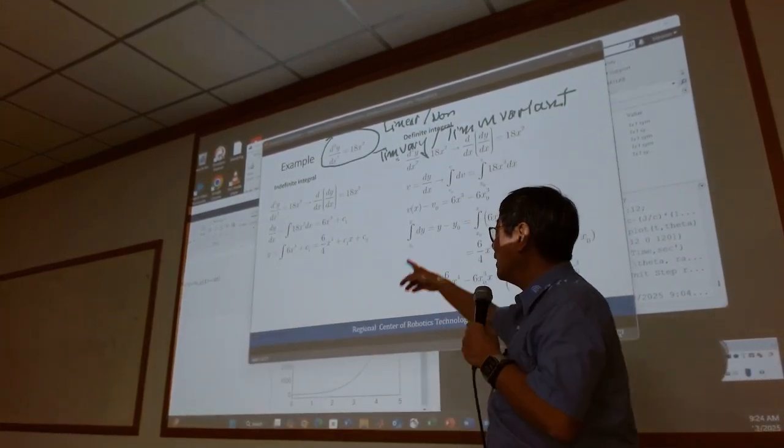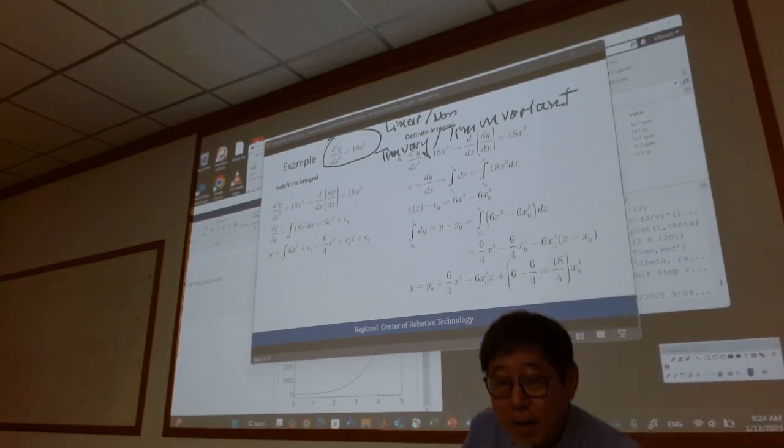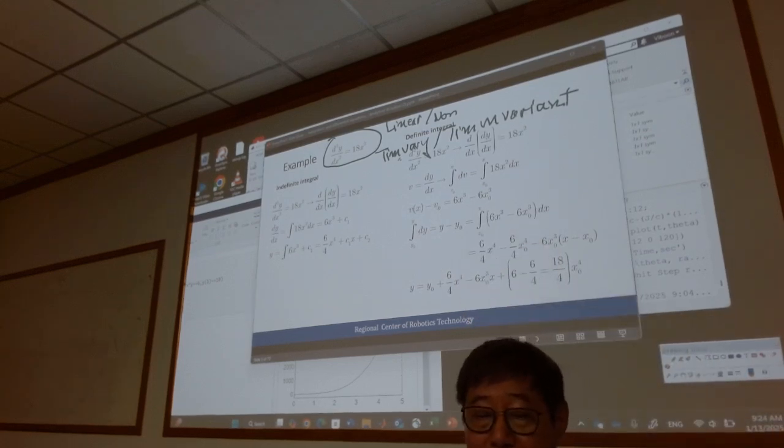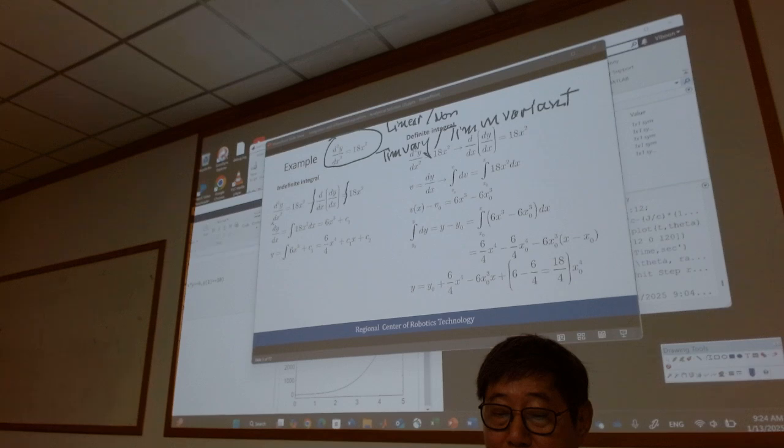You see, first of all we have this one, second order, so we split this one into this one. If we integrate this one, we have this one. After integrating this one you have this one, integrate one more time and you have this one.